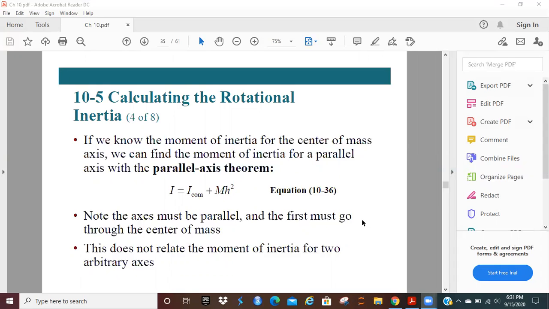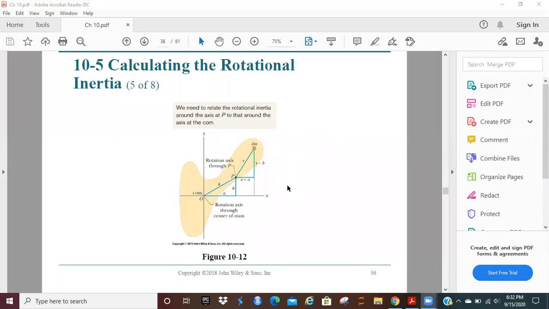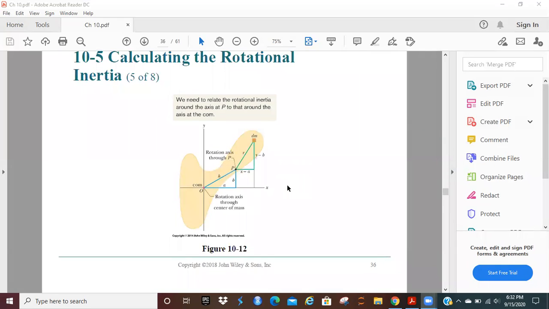You just can't throw it out there and say, well, this works. There are certain criteria that have to be met. So we need to relate the rotational inertia around the axis of P to that around the axis of the center of mass. So we have our relationships here.